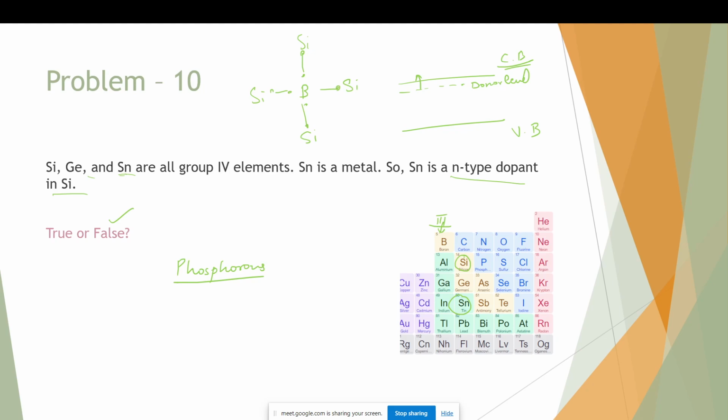To form this bond, it can take an electron from a neighboring silicon, so the neighboring silicon gets a hole. We are forming holes at the acceptor energy level here. Then the electron can jump into this acceptor energy level, and we get electrons in the conduction band more easily. I think that was the explanation.